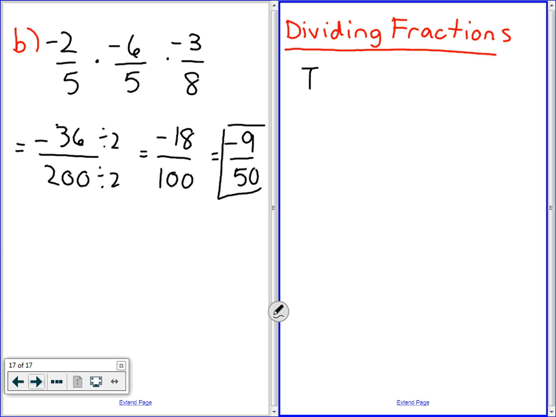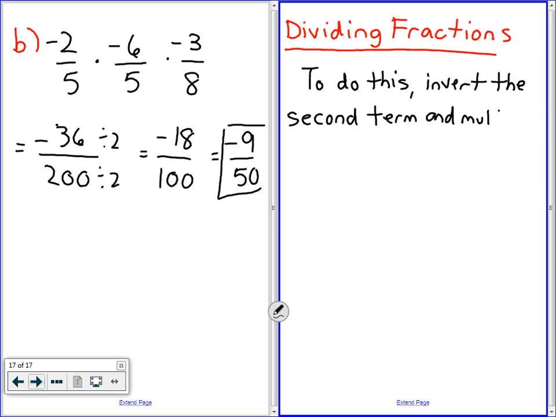To do this, invert the second term and multiply. Where people get mixed up is if they try and flip the first one instead, it does not work. It has to be the second one that gets flipped. Okay?